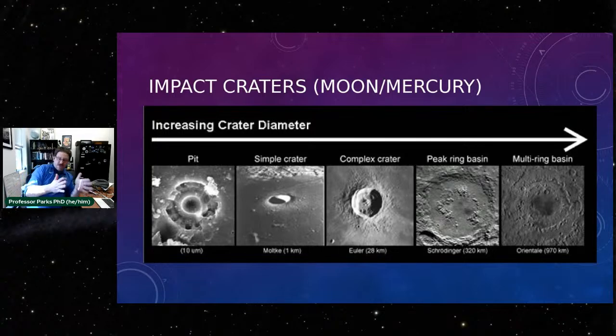From smallest to largest, the simple crater is not the simplest crater. The simplest crater is what we refer to as a pit. And this is actually microscopic. These are caused by micron-sized, or one-millionth of a meter, dust grains that smash into the Moon or Mercury.